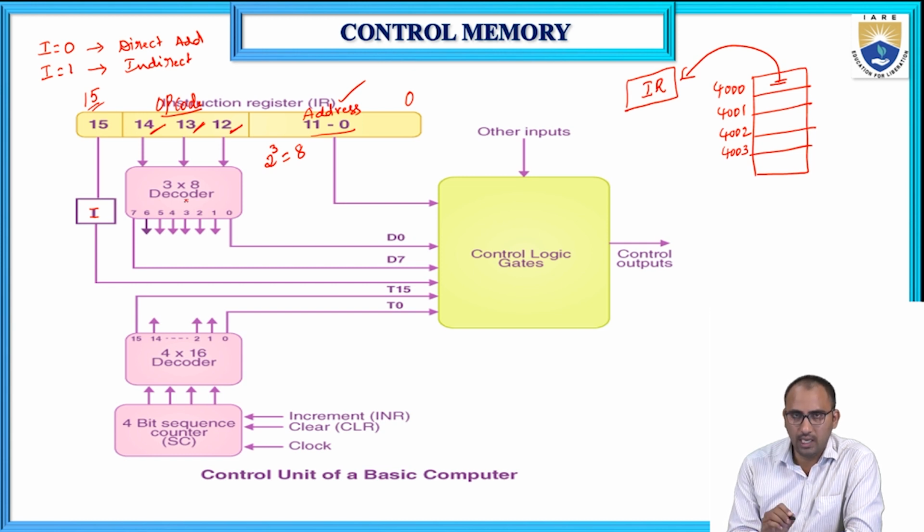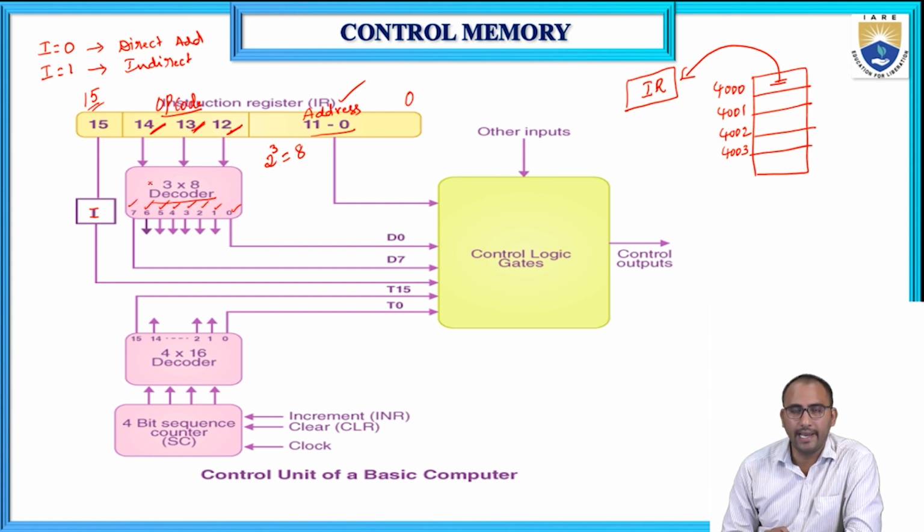Using a 3 by 8 decoder. 3 by 8 means 3 inputs and 8 outputs. So these are the inputs: 12th bit, 13, 14. Those are the inputs. And the outputs are 0, 1, 2, 3, 4, 5, 6, 7.